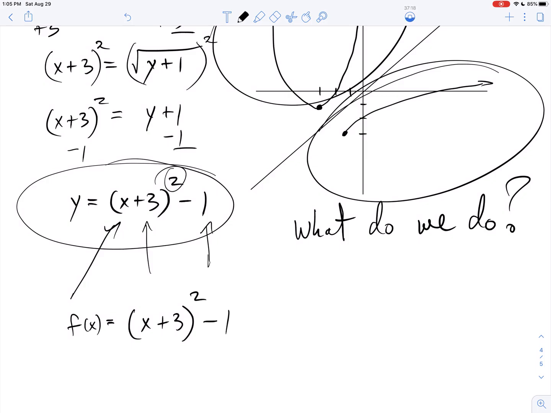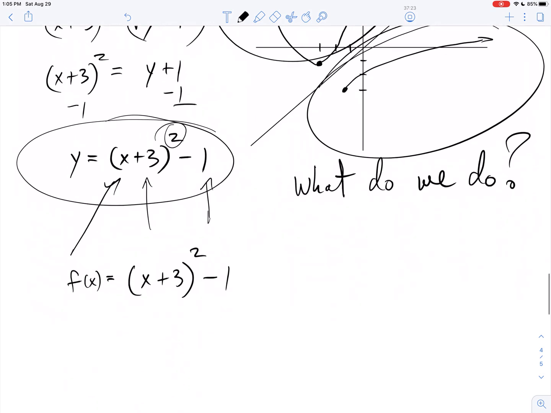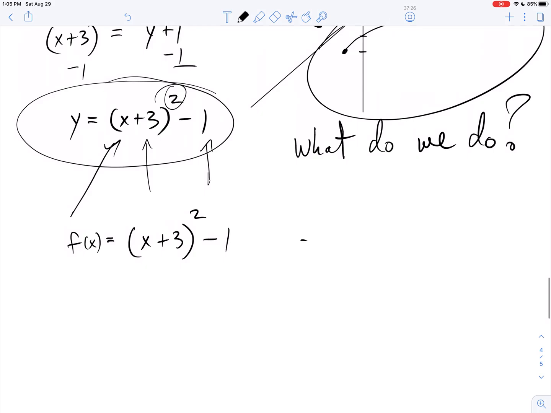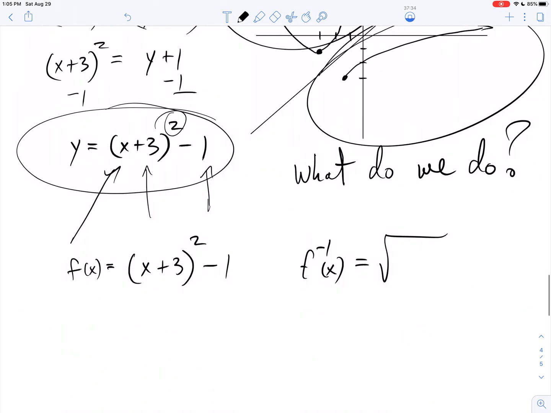But I know that these two are inverses, so I'm going to call this guy up here f inverse of x. So I'm going to say f inverse of x would be, oh, I forgot what it was, the square root of x plus 1 minus 3.